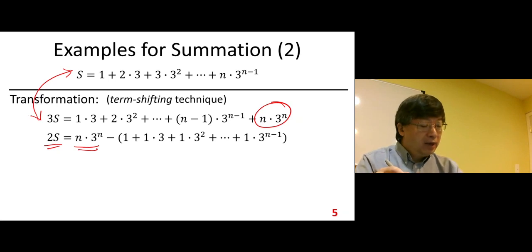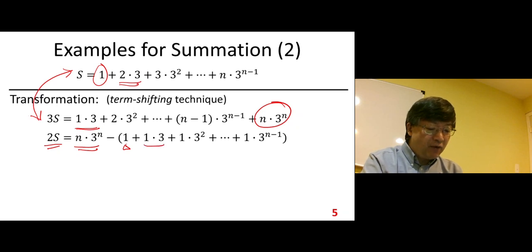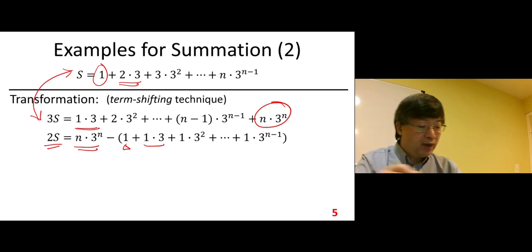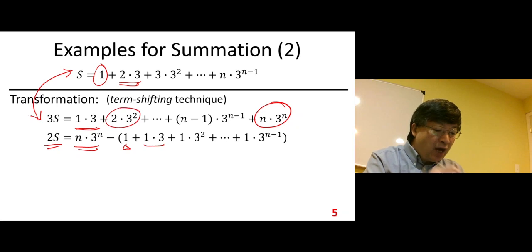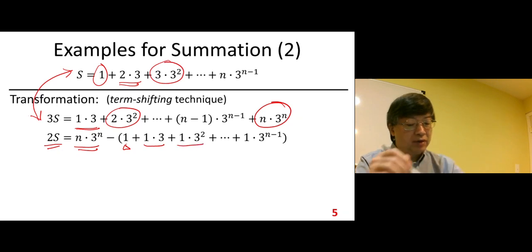Then minus 1, so you put a minus with parentheses here. Then 1 times 3 minus 2 times 3, so that is negative 1 times 3. 2 times 3 squared minus 3 times 2 squared, that is minus 1 times 3 squared, and so on.